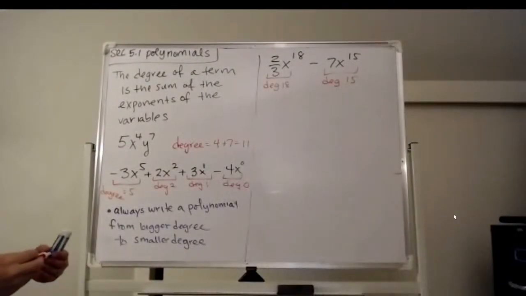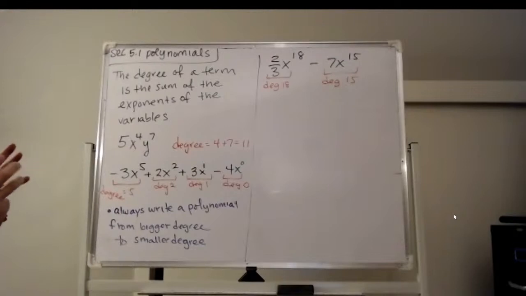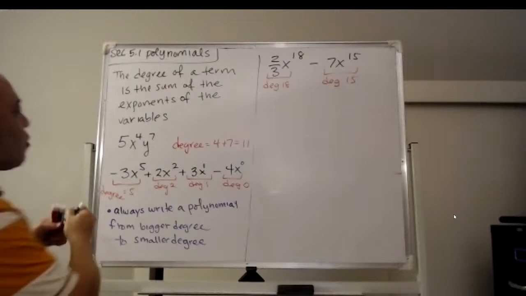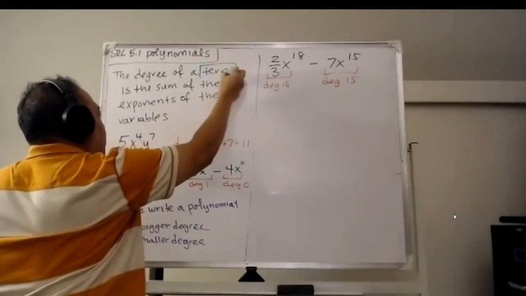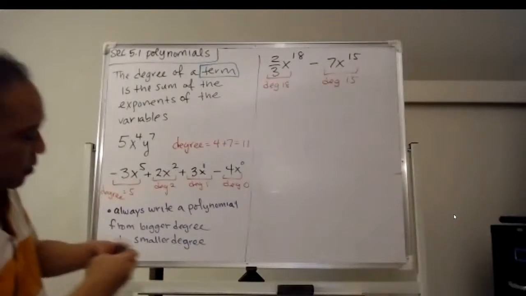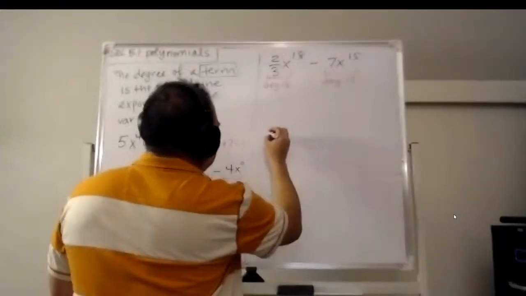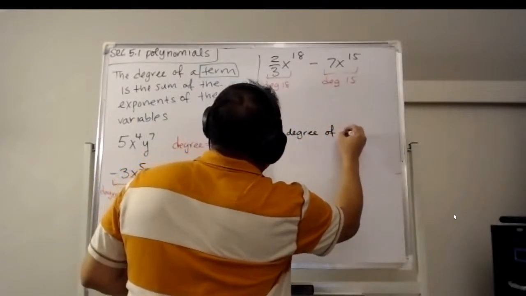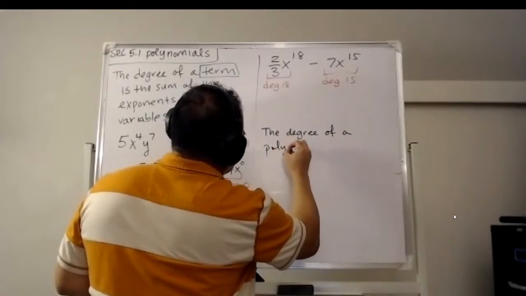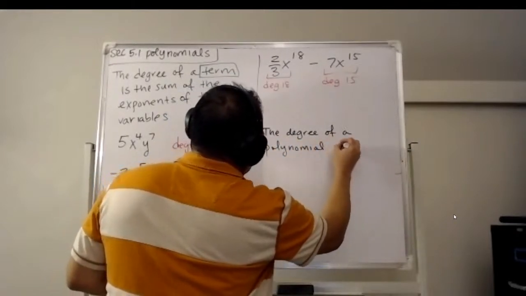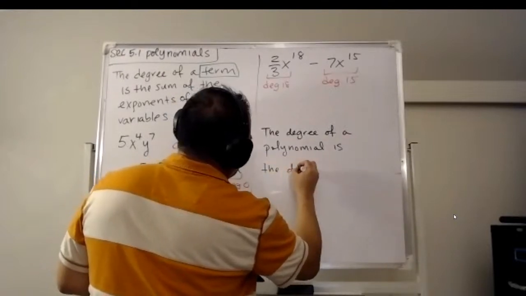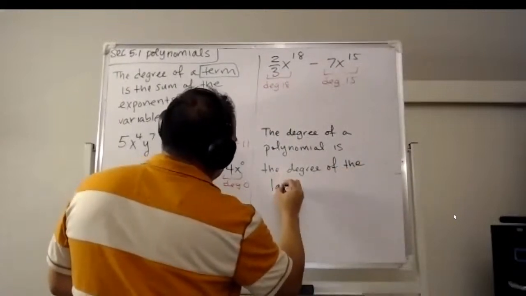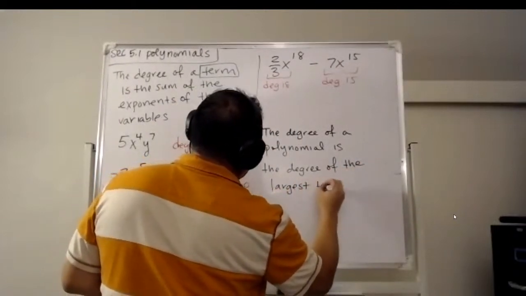Better? Okay. Now, you can talk about degree in terms of individual terms. So the key word here is the degree of a term. The degree of a polynomial is the degree of the largest term.